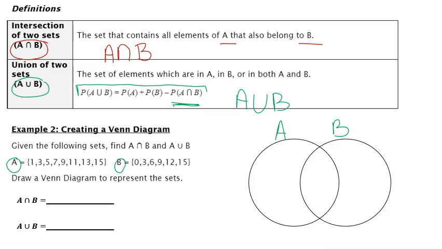The easiest way to do this, I usually tell students, is just start with one value. So I'm going to start with maybe the number 1 here. I'm going to look to see if 1 falls into the other set of numbers. It doesn't, and so the number 1 would just simply be in set A. And then maybe I'd cross it out to know I can move on. The next one we have here is the number 3.